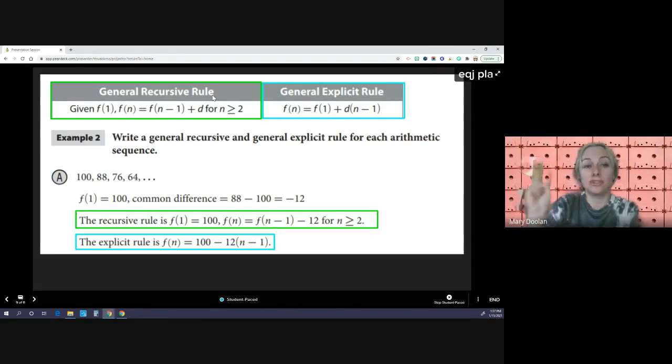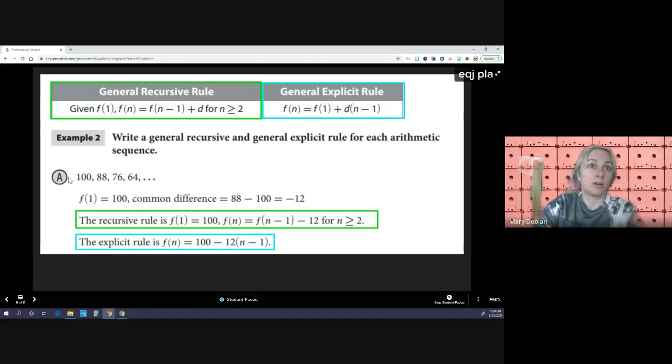Think of this like the cheat sheet, the basic formula that you can always use to get a recursive rule. Given f of 1, f of n equals f of n minus 1 plus d, for n greater than or equal to 2. So all you have to know is f of 1, the first term of the sequence, and you have to know d. And then you can just write it.